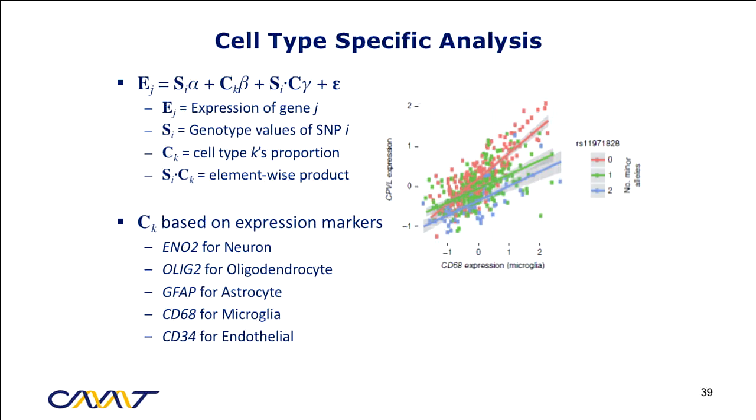So basically what this means is that for the different genotype, does the effect of cell type proportion affect gene expression differently? And for estimating the cell type proportion, one way to do it is to use gene expression markers as summarized here.